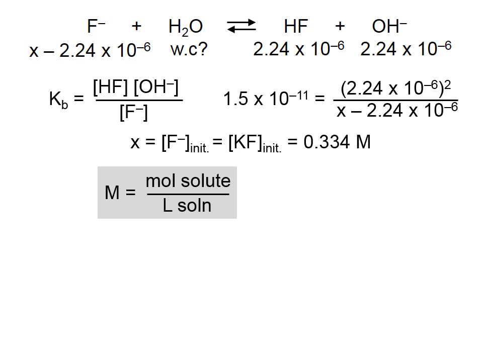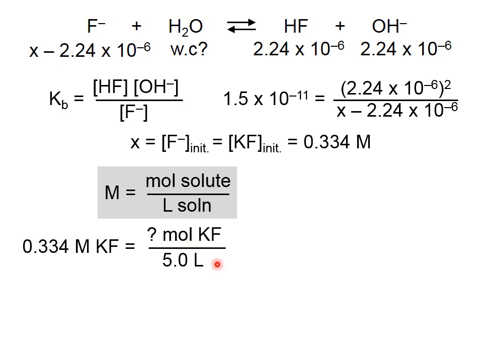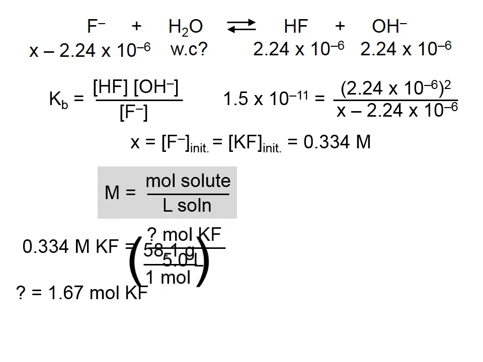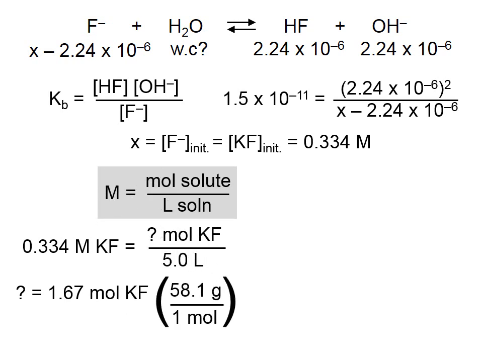We know the molarity of the potassium fluoride when we dumped it into the solution. We know that we have, in the denominator, 5 liters of solution. So from that, we can determine the moles of potassium fluoride that we needed to dump in. And of course, from here, it's child's play to turn this into grams.